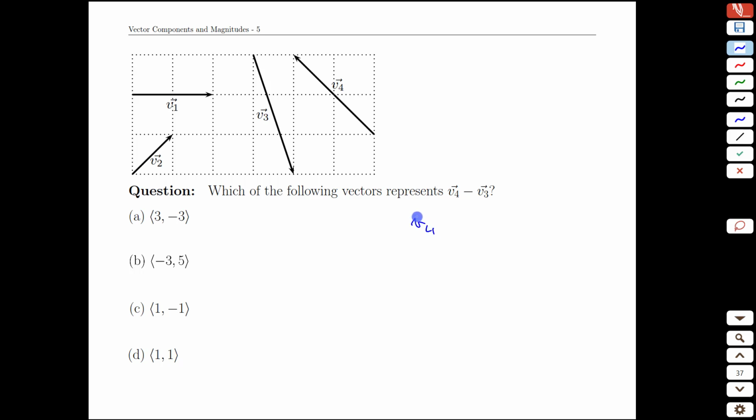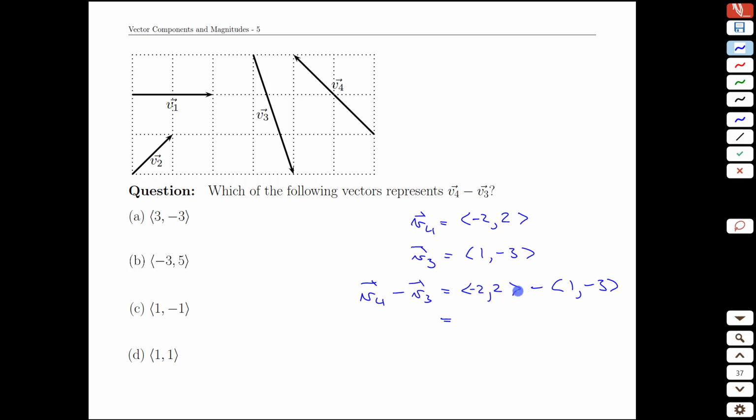All right, we have v4, which was negative 2, 2, and we had v3, which was 1, negative 3. Now we just have to be a bit clear about how we handle this negative sign. v4 minus v3, we can replace each of those with the components we started with, now with a minus sign in between. And we do exactly what you would expect.